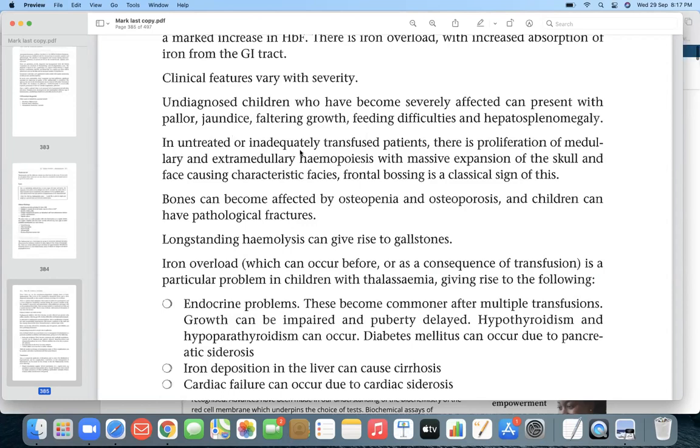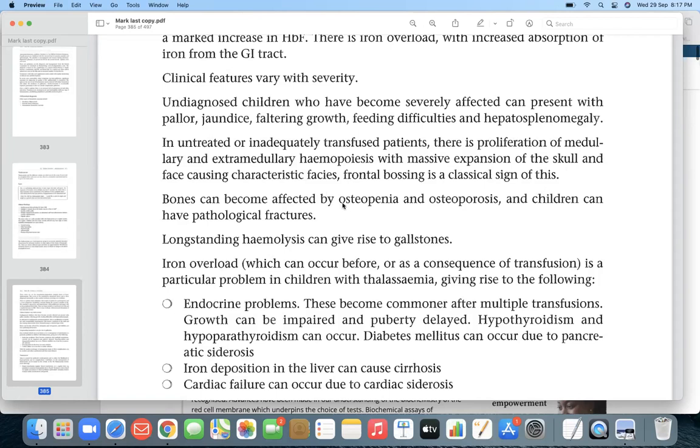If untreated or inadequately transfused, there is proliferation of medullary and extramedullary hemopoiesis. Medullary means inside the bones, and it will cause massive expansion of the skull and face, causing characteristic faces. Frontal bossing is a classic sign of this.